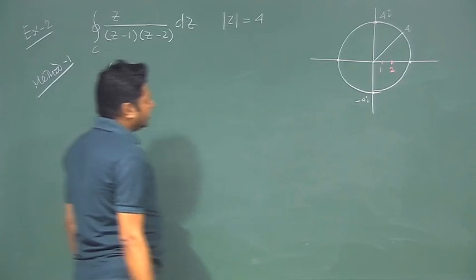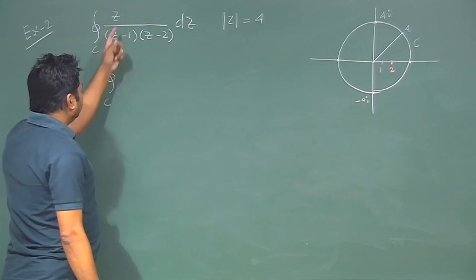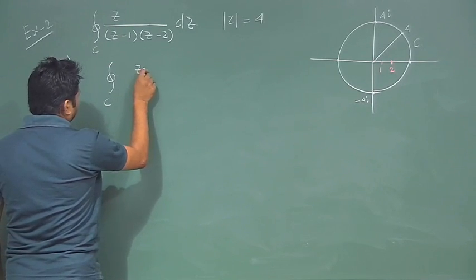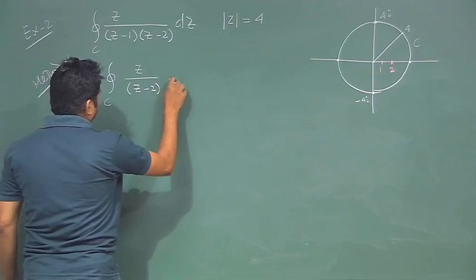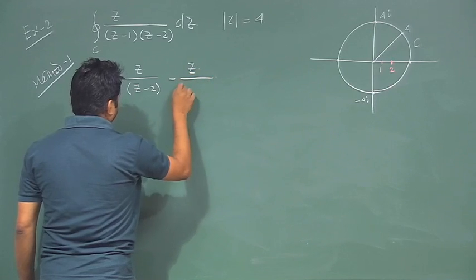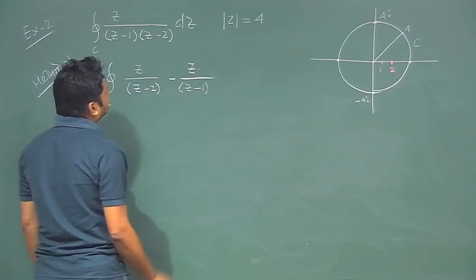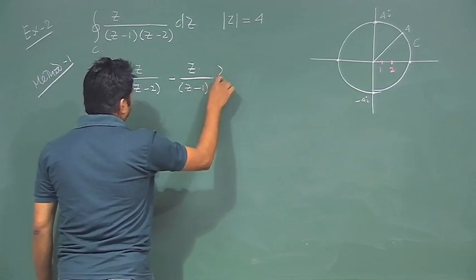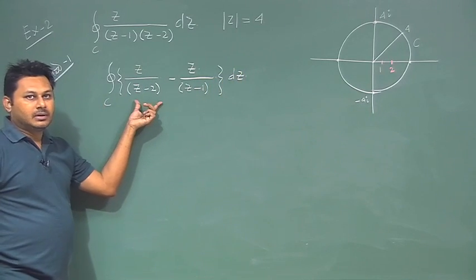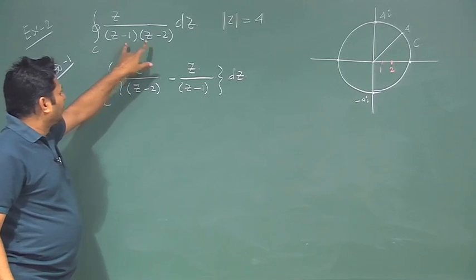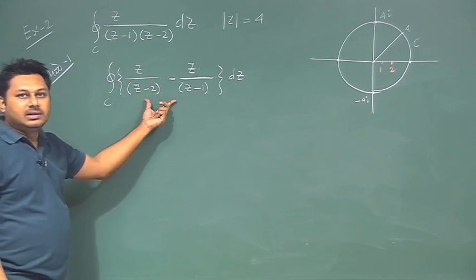This is my total contour C, and I simplify these things as z divided by z minus 2 minus z divided by z minus 1. I just factorize these things.